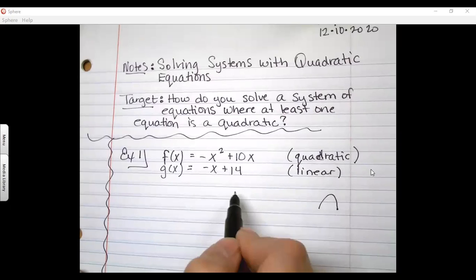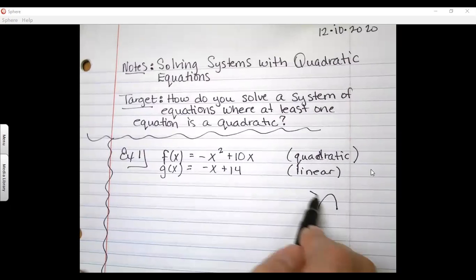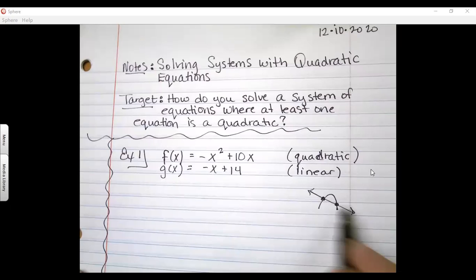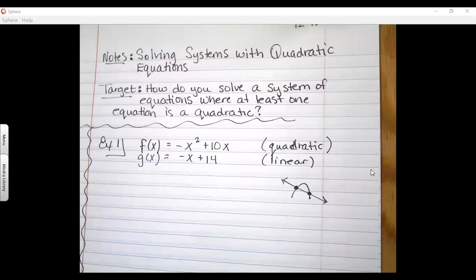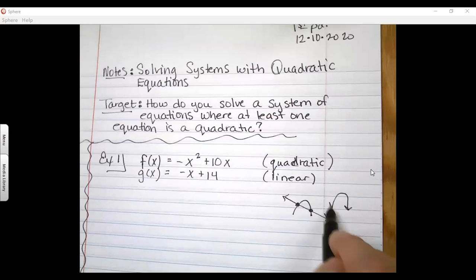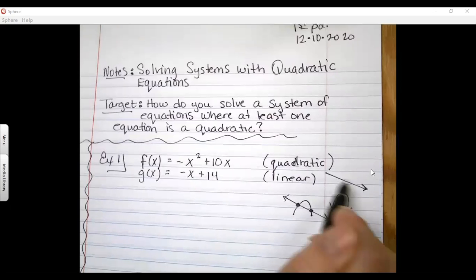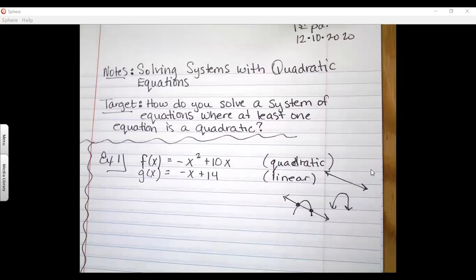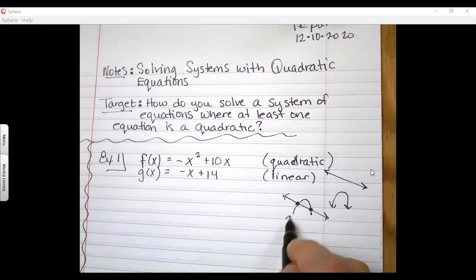So it's possible that these two functions would intersect 2 times, but not necessarily. Say the parabola opens down and the line is above it and they will never intersect. That would be no solution, right?